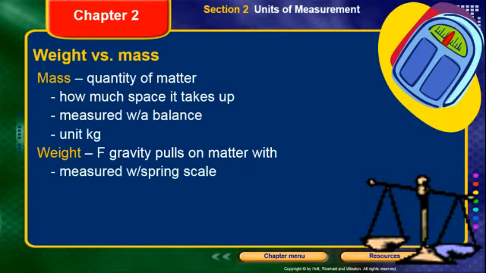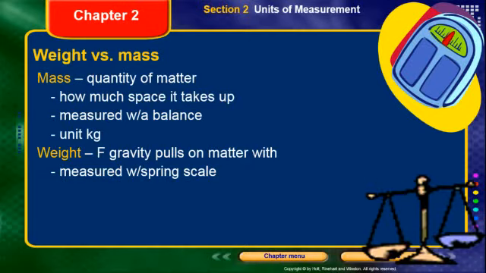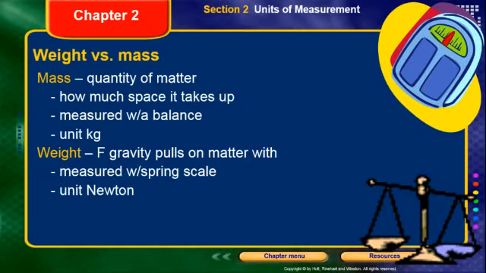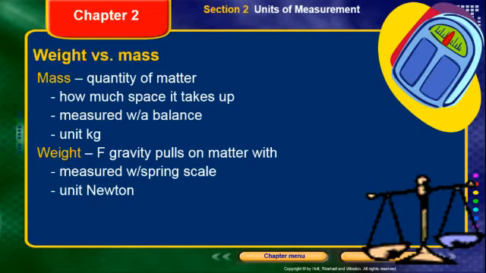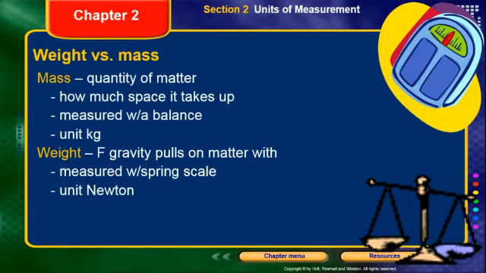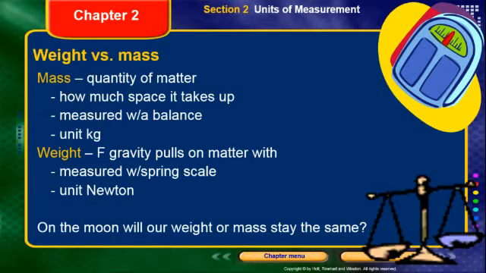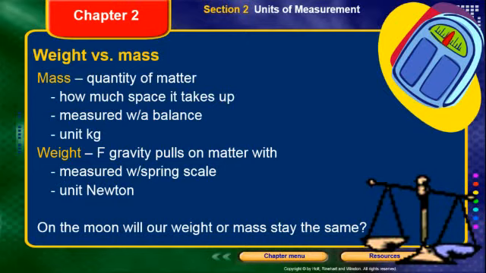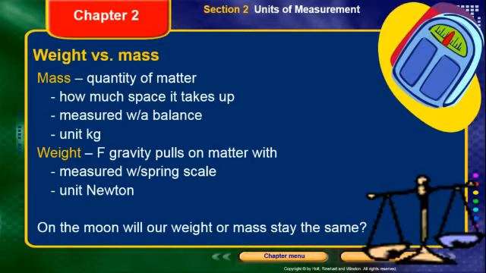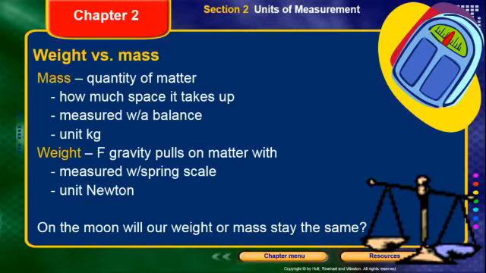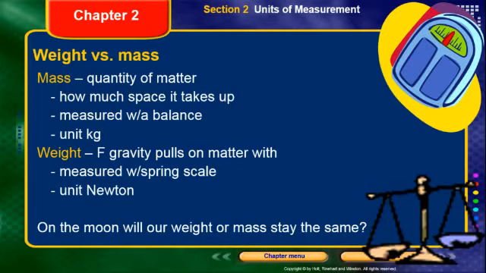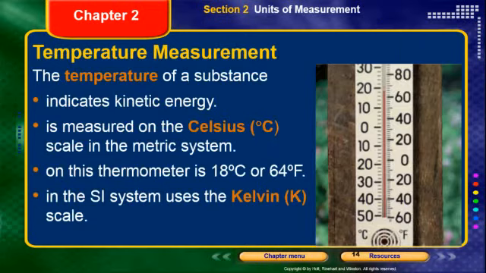We measure weight with a spring scale. A common unit that you probably won't use in this class all that much, but you would use in physics class is called a Newton. All right, so think to yourself, on the moon, will our weight or mass stay the same? Which one stays the same on the moon? It is our mass. The moon has a smaller force of gravity.